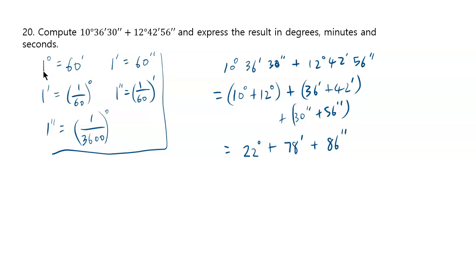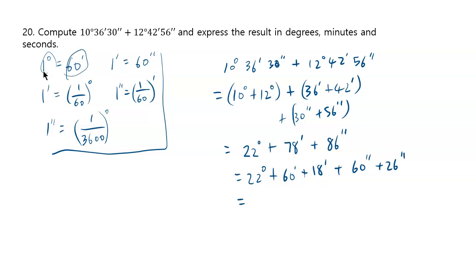But then we're going to use this fact that 60 minutes is 1 degree. So you can rewrite this as 60 minutes plus 18 minutes. Same thing here. You can rewrite it as 60 seconds plus 26 seconds.